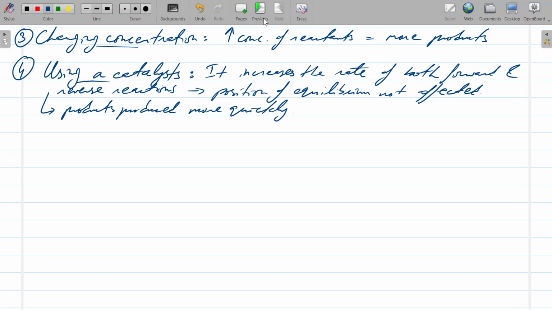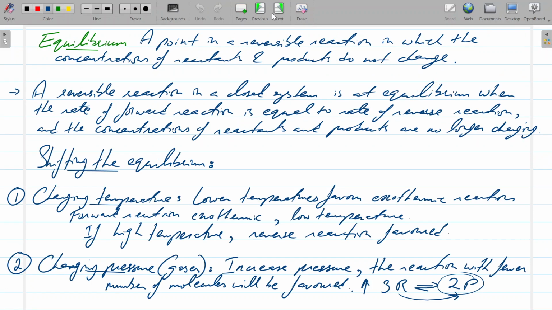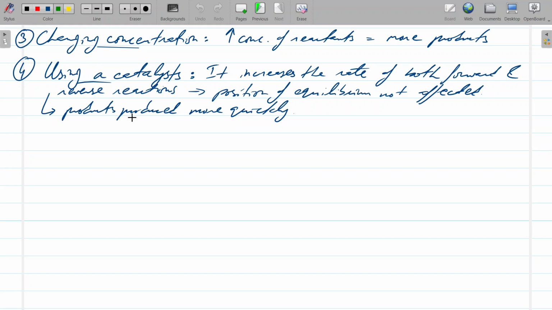Okay, now some of this makes sense, some of this is not very clear at the moment. And so let's talk about the Haber process. Put everything we've talked about so far into application. Theoretical application, but application nonetheless.